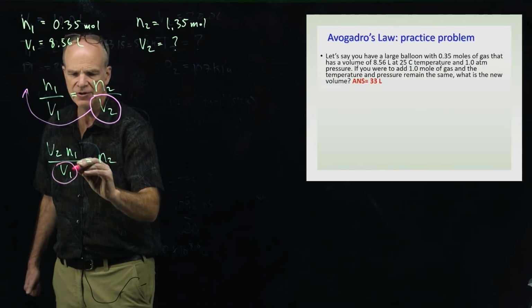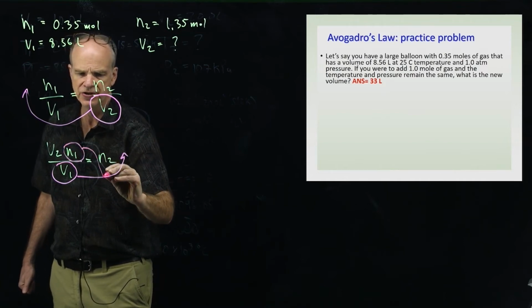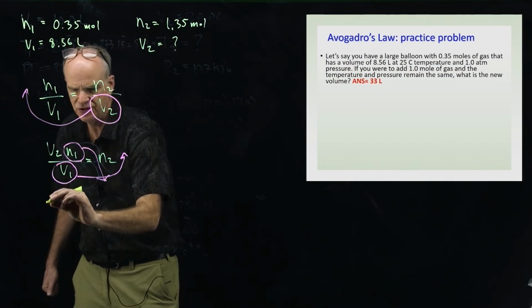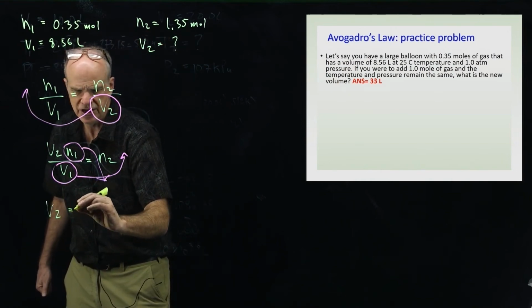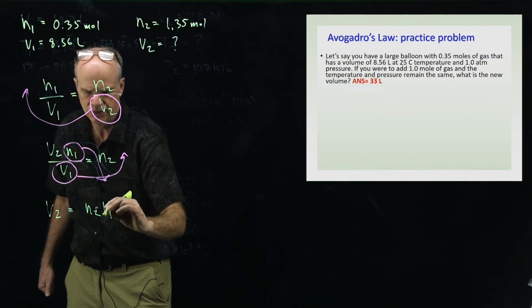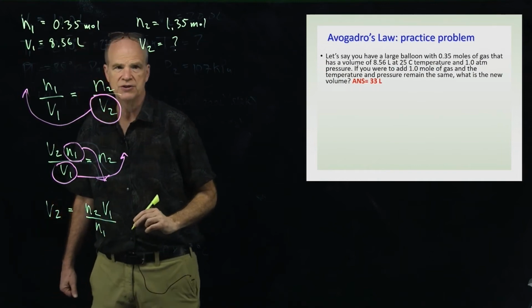So V1 in the denominator here goes in the numerator. N1 in the numerator here goes in the denominator. And so I get V2 is equal to N2 times V1 over N1. I think that's probably correct.